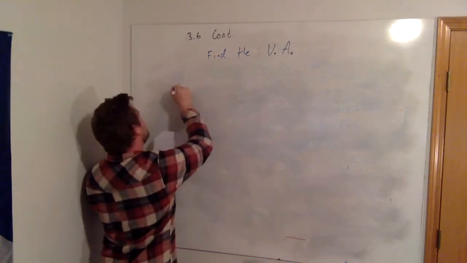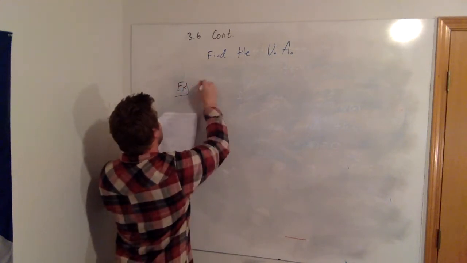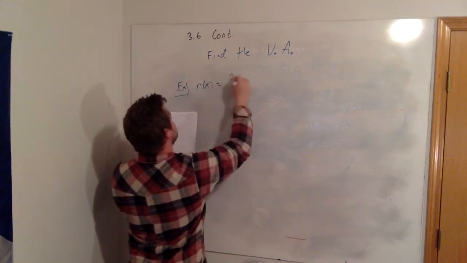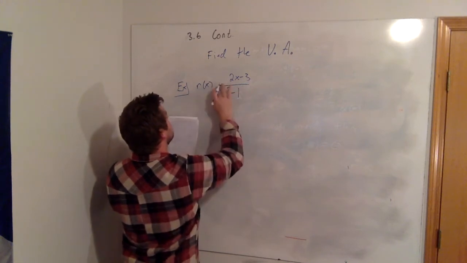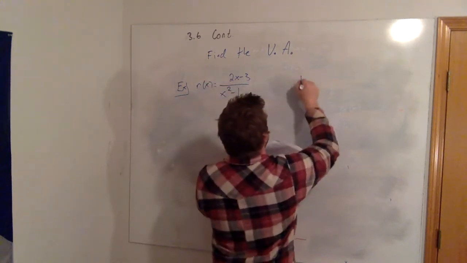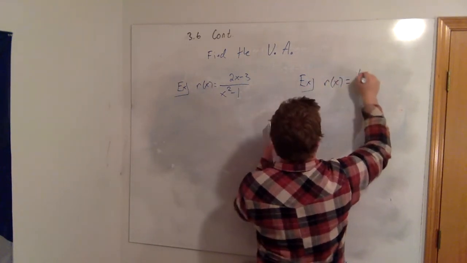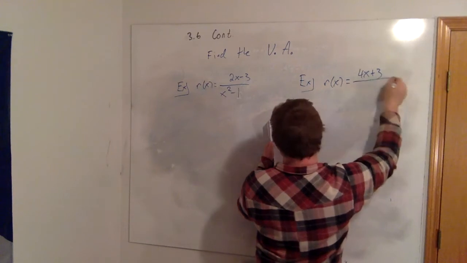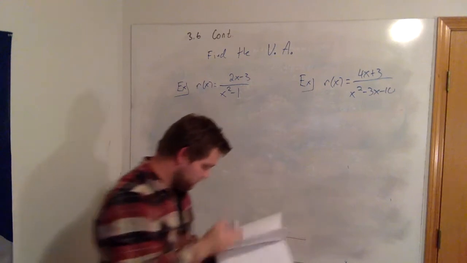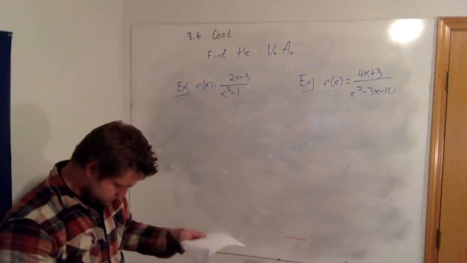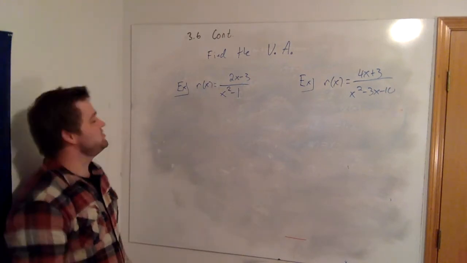As our first example, let's say we have that r of x is equal to 2x minus 3 all over x squared minus 1. And as another example, I want you to find the vertical asymptotes of r of x equals 4x plus 3 all over x squared minus 3x minus 10. Go ahead and pause the video and give these two a shot.